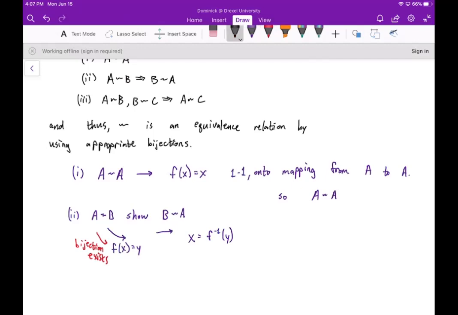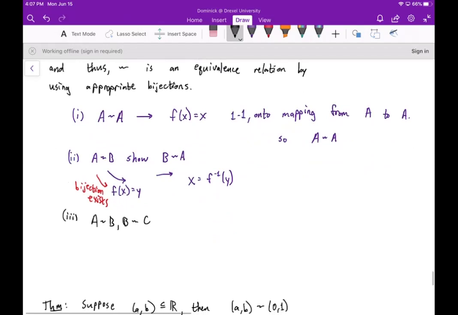Right? Now for part 3, we have A equivalent to B and B equivalent to C. Right? So now what would work here? Well, let's say that f from A to B is our bijection from A to B, and let's say that g is our bijection from B to C. Well, then all that means is that g circle f is a bijection from A to C. Right?